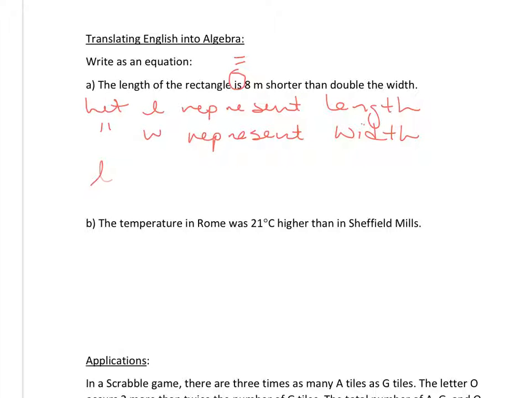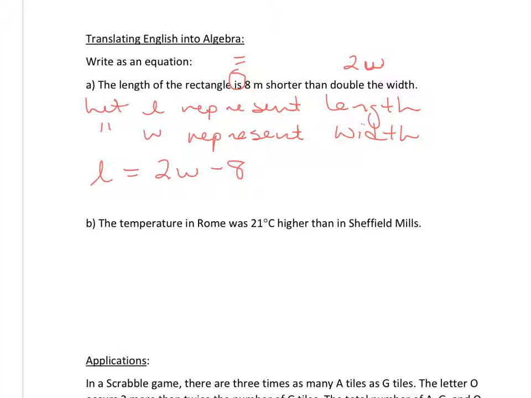So we could say L equals, the length equals, it's 8 meters shorter than double the width. Well, double the width means 2W, right? We're doubling the width. And to be 8 meters shorter than that would be to be 8 less than that. So we could write it as 2W minus 8.